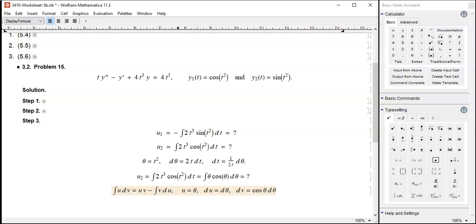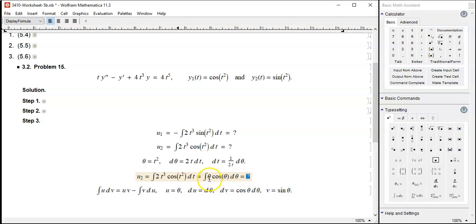Okay. So what is v? v is, let's see, sine. If you take the derivative of sine, we get cosine. Okay, that's fine. So put this one into the integration by parts formula.